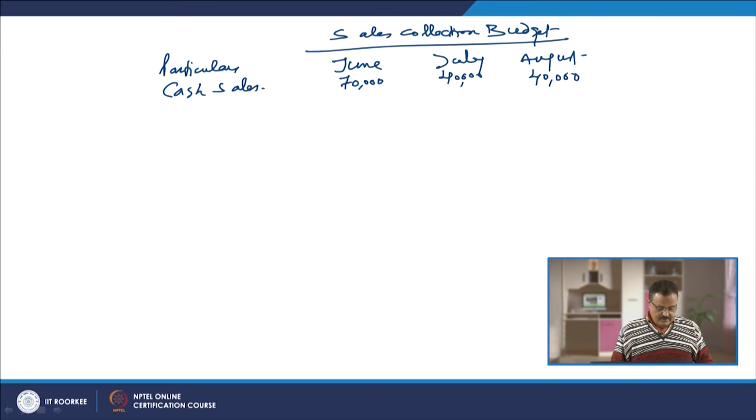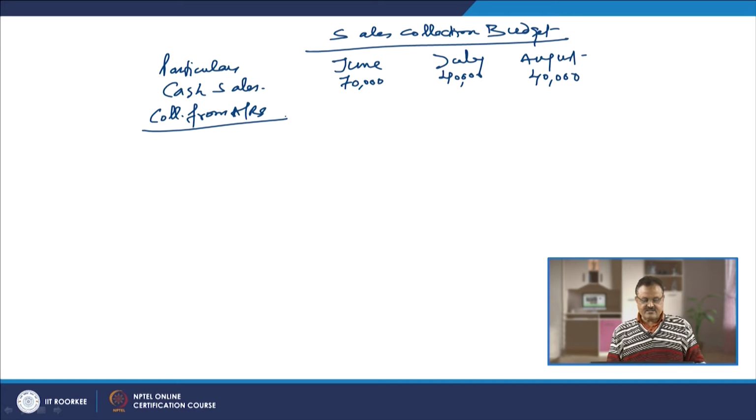Now, collection from accounts receivable, I am writing here A/R, accounts receivable. That is a collection from the credit sales which we have made, and how we are going to collect those sales.